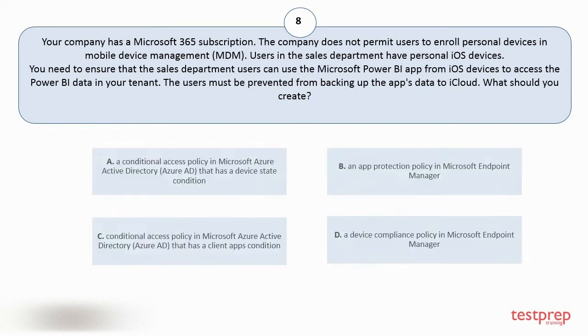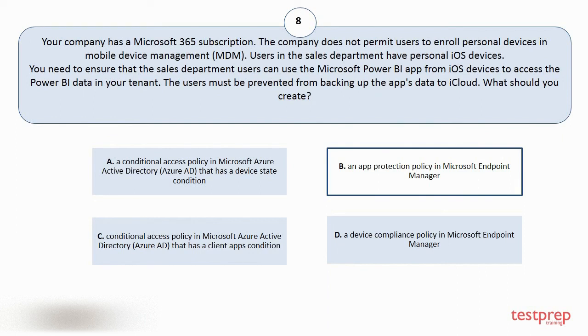Your options are A. A conditional access policy in Microsoft Azure Active Directory that has a device state condition. B. An app protection policy in Microsoft Endpoint Manager. C. A conditional access policy in Microsoft Azure Active Directory, Azure AD, that has a client apps condition. D. A device compliance policy in Microsoft Endpoint Manager. The correct answer is option B.